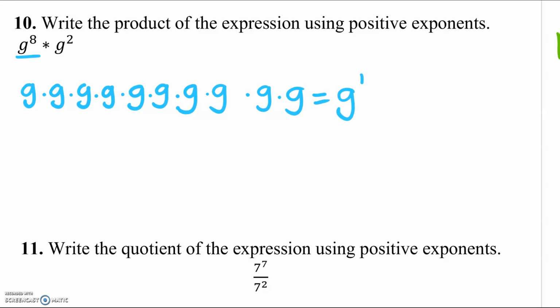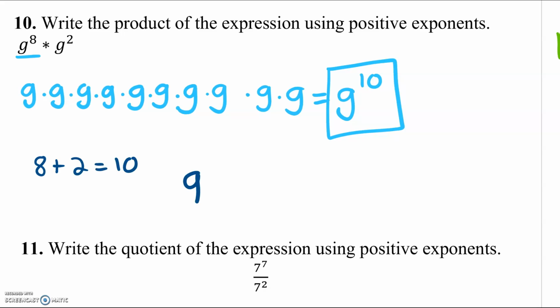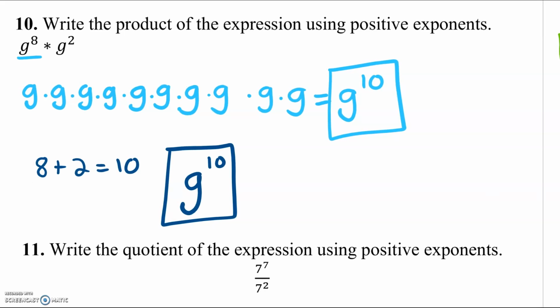G to the 10th power. The other way to think about it is just add those exponents together. So add the 8 and the 2 to get an exponent of 10. Remember, our base is g and our exponent is 10. So either way you like to work it out is fine.